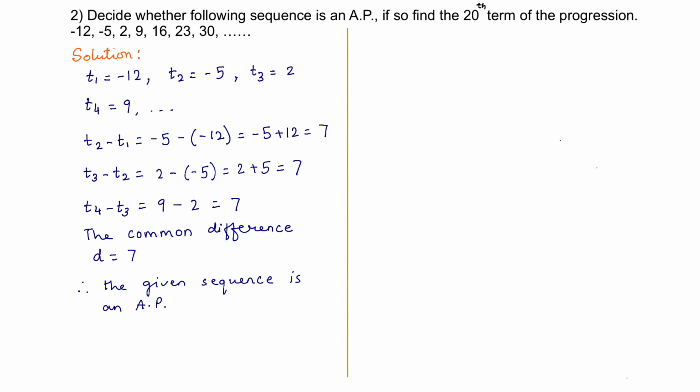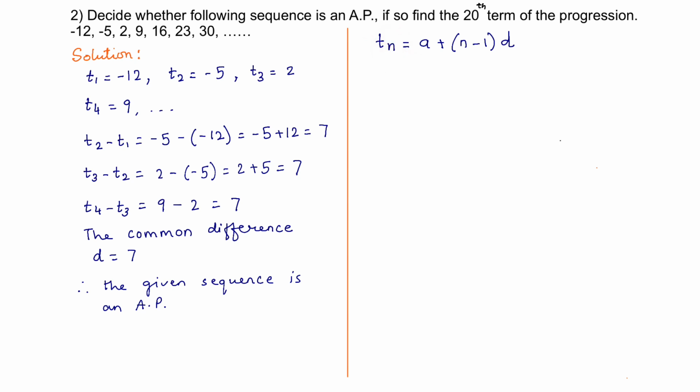The formula we write as Tn is equal to A plus n minus 1 close bracket D. Here Tn stands for the number of term we have to find. For example, we have to find the 20th term of this progression.